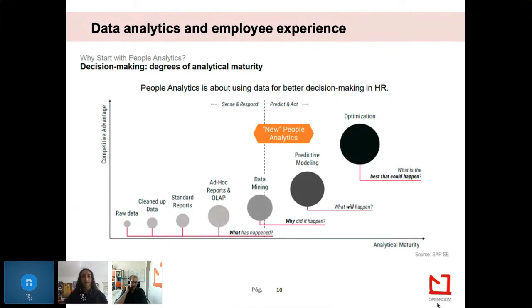The solution for this new environment and this new challenge has to come from the people analytics field. This is a very broad field, and there is a lot of people analytics. But I think we need to shift from the reports that we are dealing with right now, which show what has happened, to trying to understand why this happened and what will happen in the future.